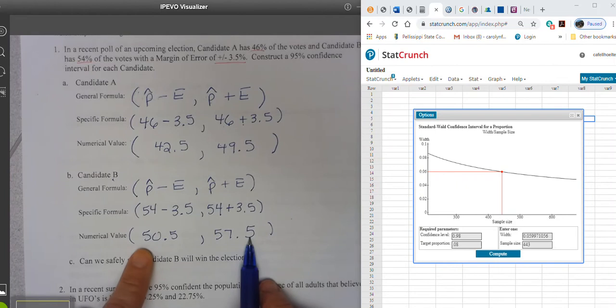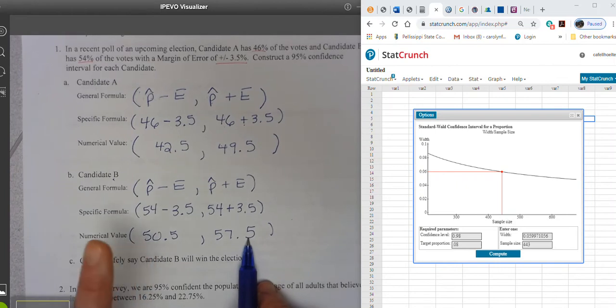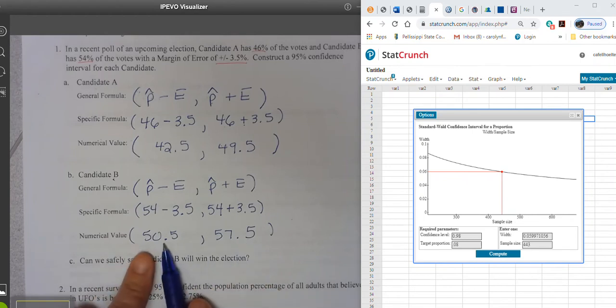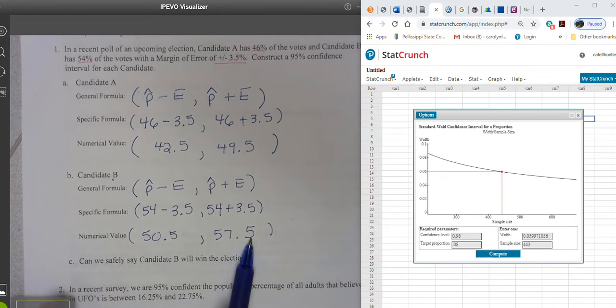And what this means is we're 95% confident that the true percentage of voters that would vote for candidate B is somewhere between 50.5% and 57.5%. So the question asks, can we safely say that candidate B will win the election?